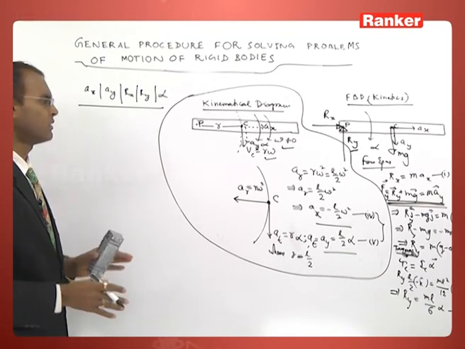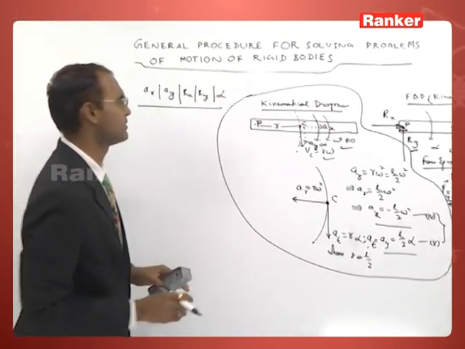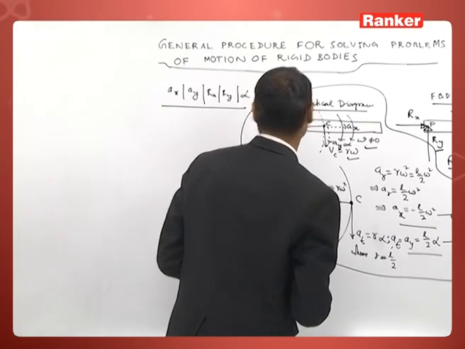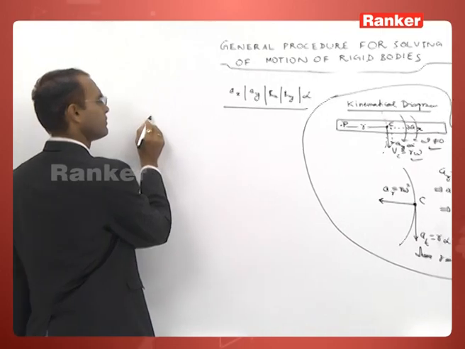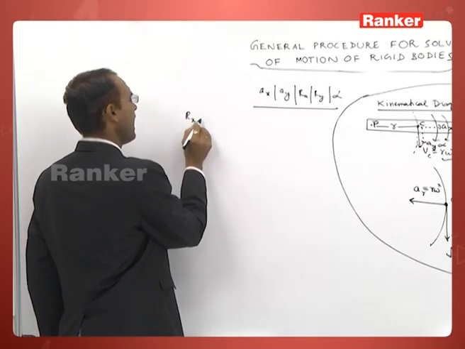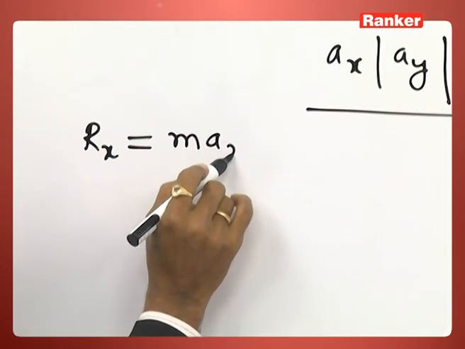Let us tabulate all these equations. Equation number 1, Rx is equal to m into x.